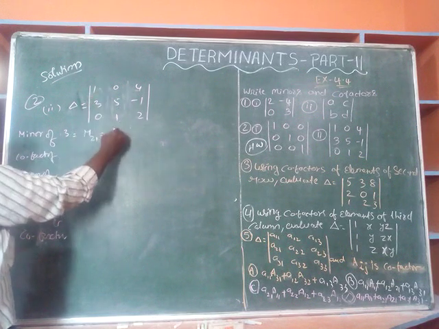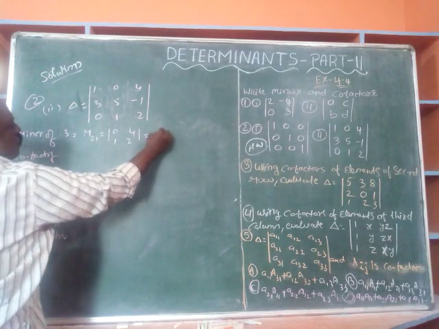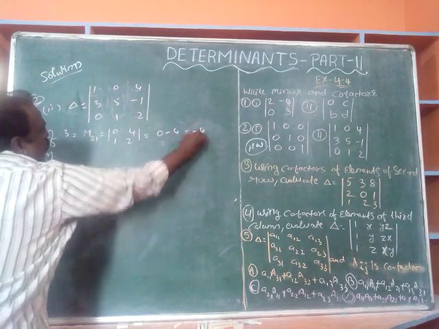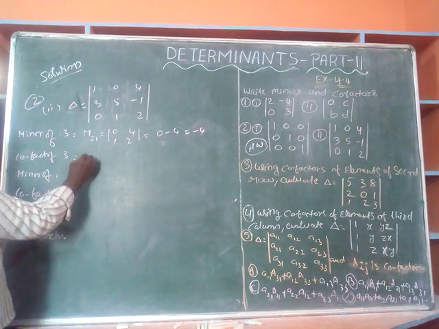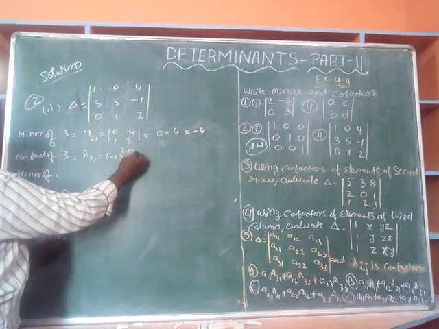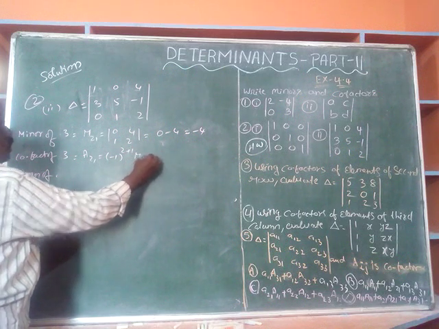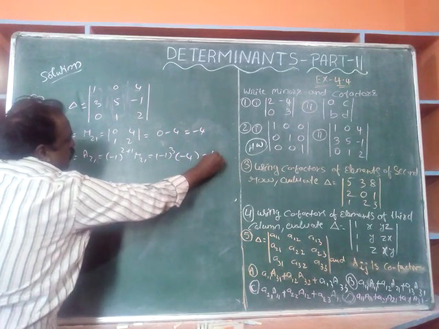After deleting this row and column, we get 0 4 1 2, that is 0 minus 4, which is minus 4. The cofactor of 3 is nothing but A21. It is minus 1 power 2 plus 1 into M21, is minus 1 cube into minus 4, which is plus 4.